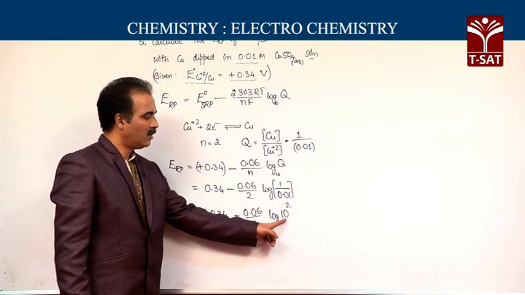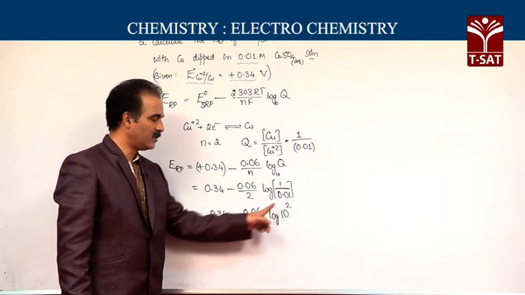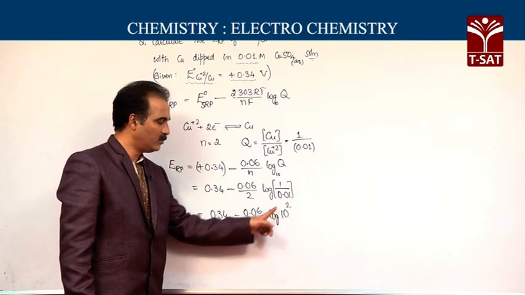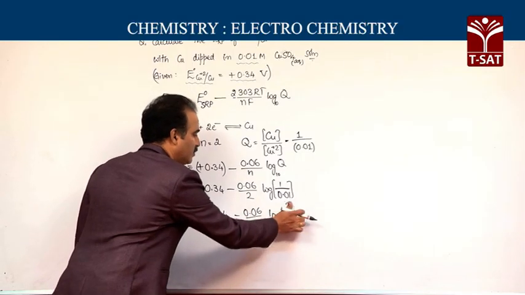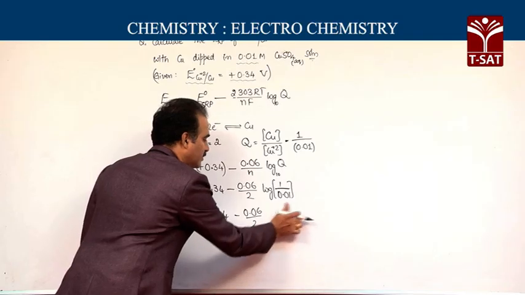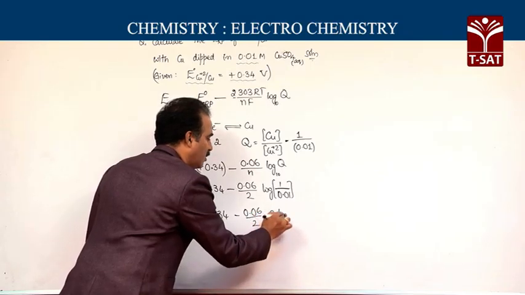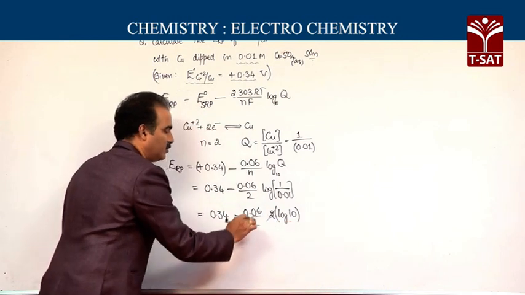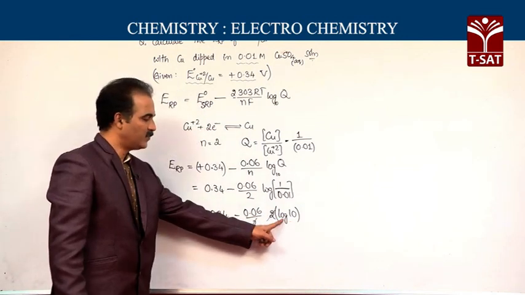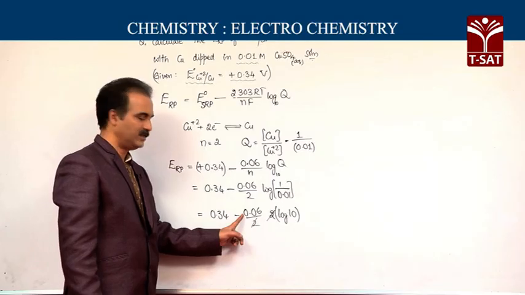And you know, log 10 square is nothing but 2 log 10, and log 10 is 1. So, this whole value we can rewrite as 2 log 10, and as the log 10 value is 1 and this 2 gets cancelled, this is 1 multiplied with 0.06.